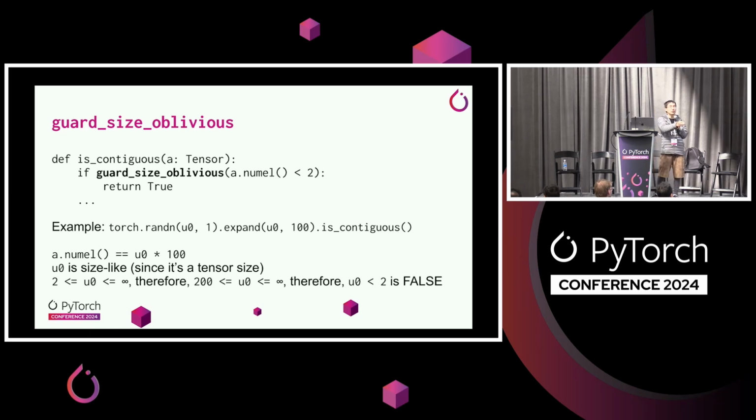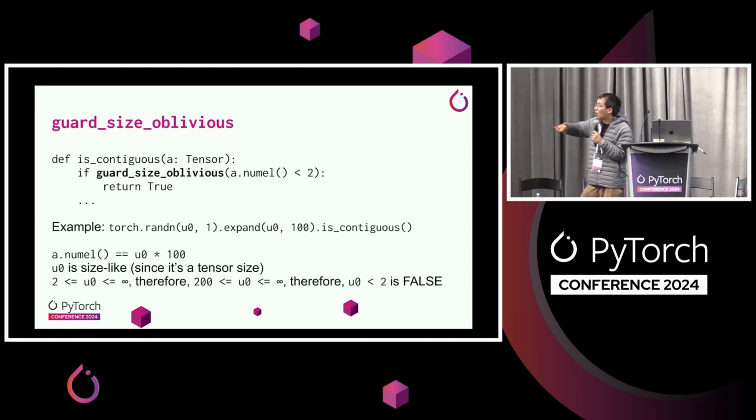So I end up with a value range that U0 is greater than or equal to 2. And so when I multiply by 100, I know U0 times 100 is greater than or equal to 200, and therefore this quantity is definitely not less than 2. I do not short circuit on this line of the program, and then later I discover that, oh, because one of the strides is 0, this tensor is not contiguous.